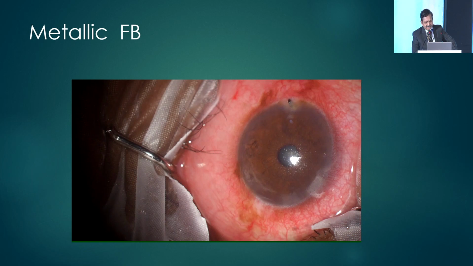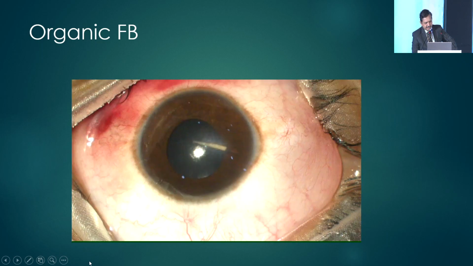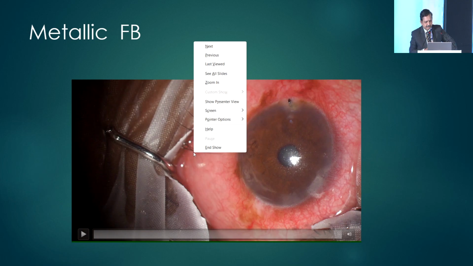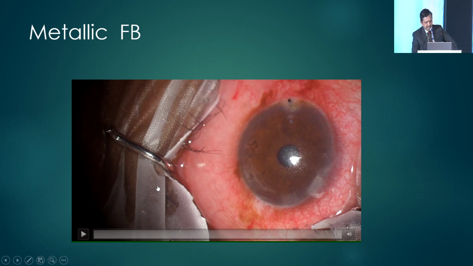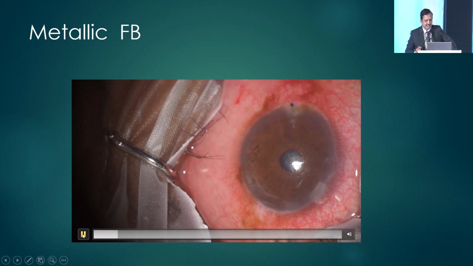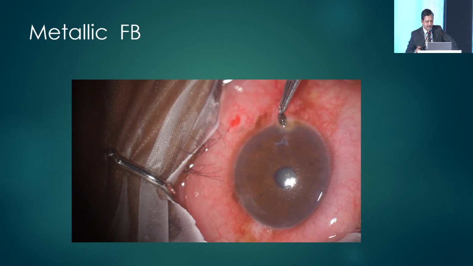And now this is a case where the patient came with a foreign body like this. Yes, right. You see a foreign body there at the limbus, the peripheral cornea, and then it was removed finally.